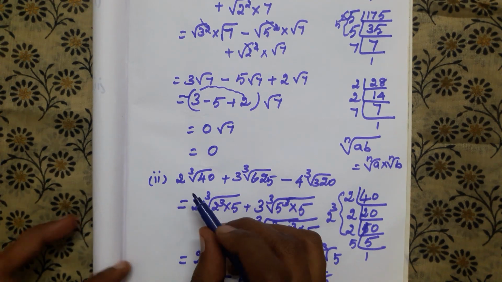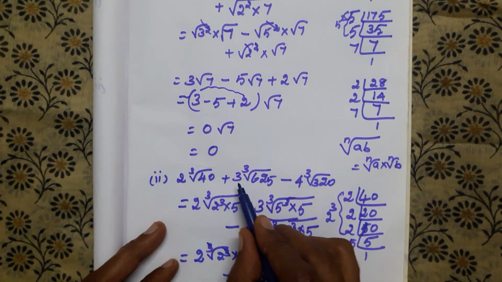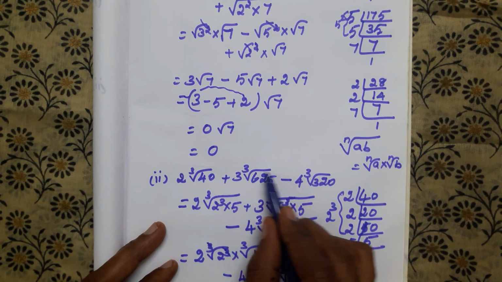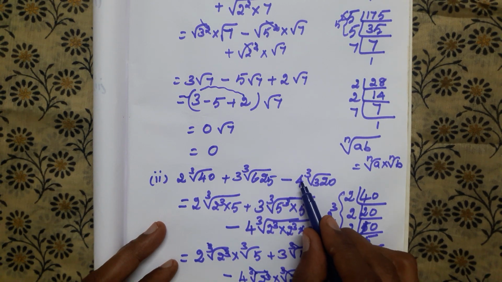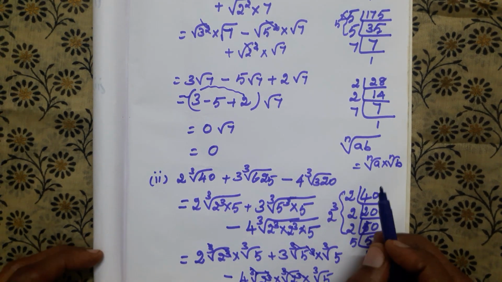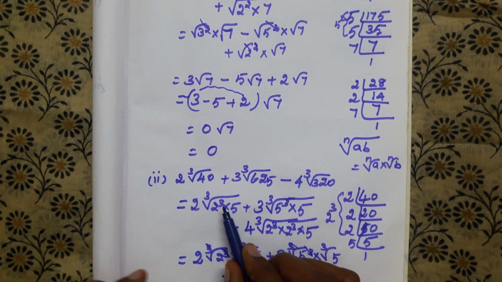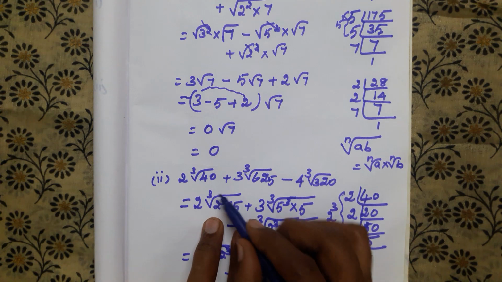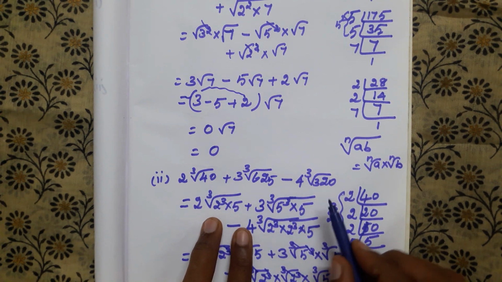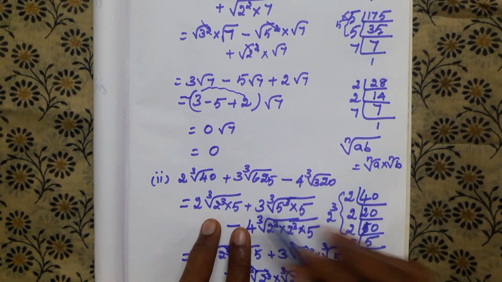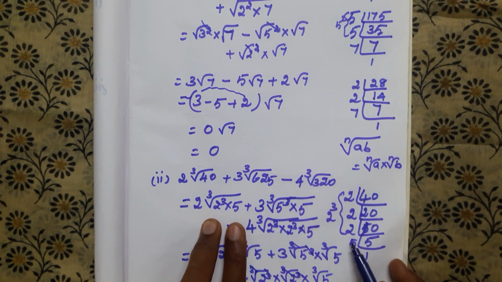Once again shall I explain this? 2 cube root of 40 plus 3 cube root of 625 minus 4 cube root of 320 is equal to 2 into, here this 40, the order is 3, so we have to write it as a power of 3. So 2 cube into 5.